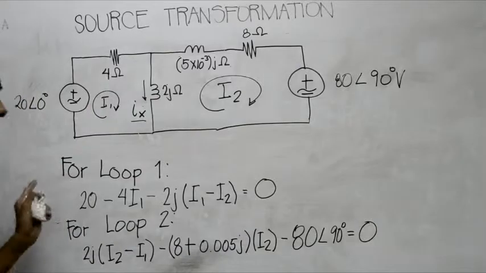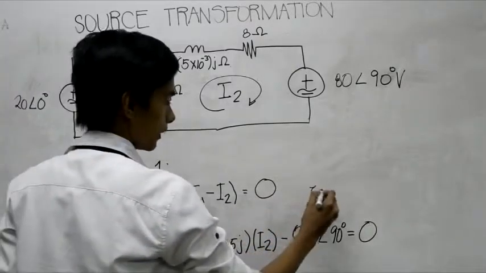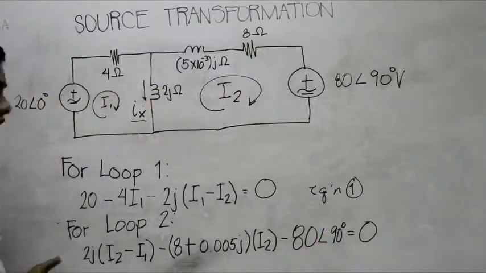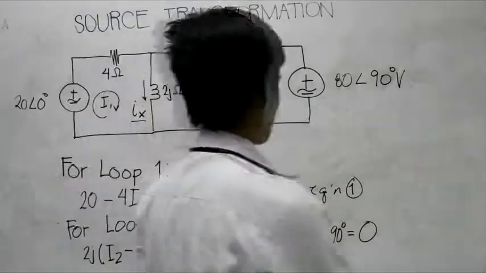So let's have the equation for loop 1 as our equation number 1, while the second equation for loop 2 will be our equation number 2.